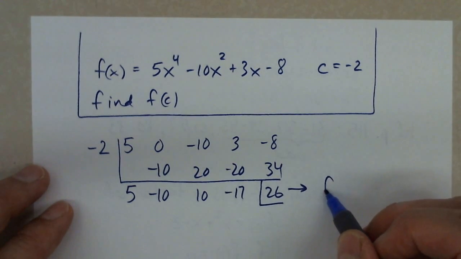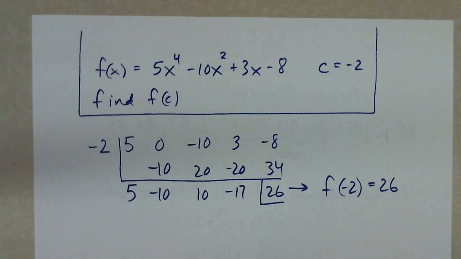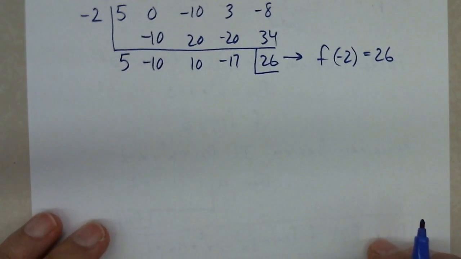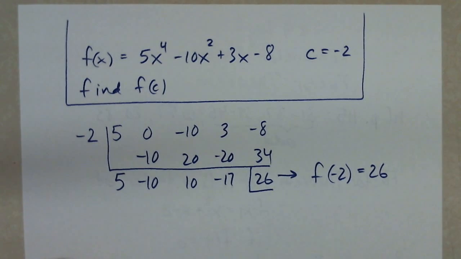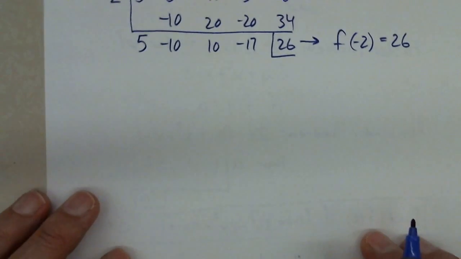So this tells us that f of negative 2 is 26. While we're here, we're going to look at the next example.